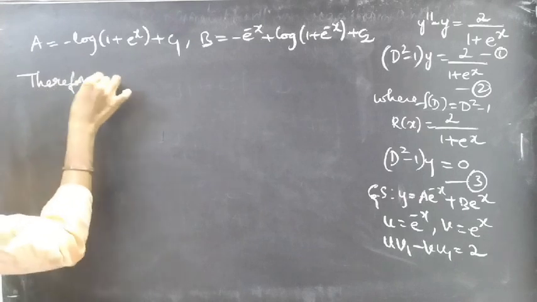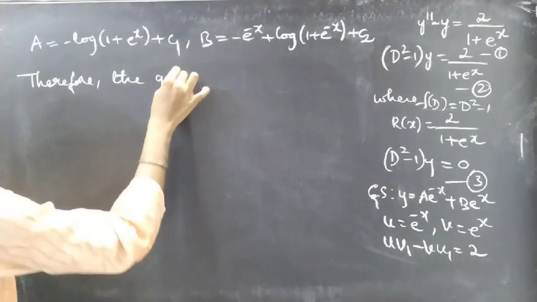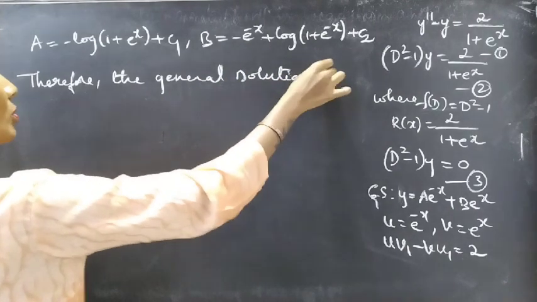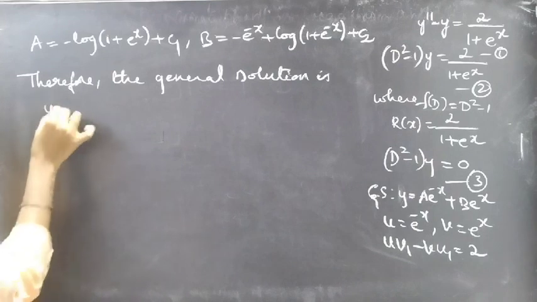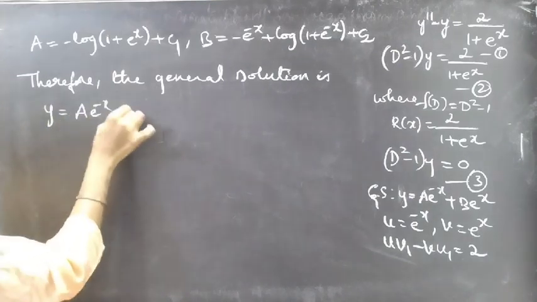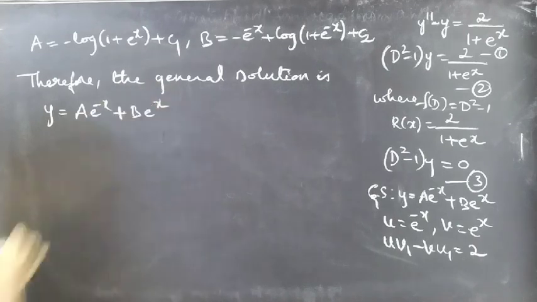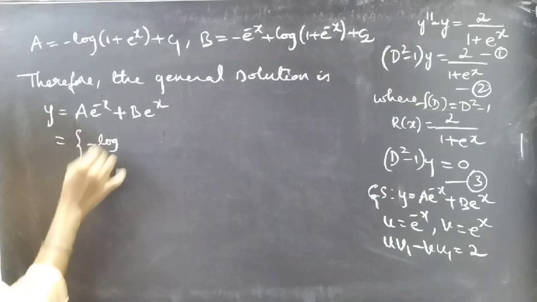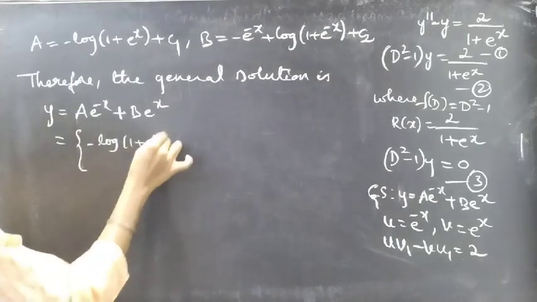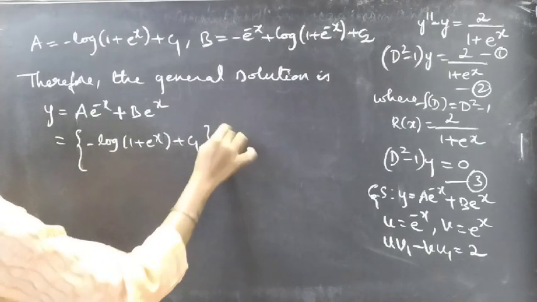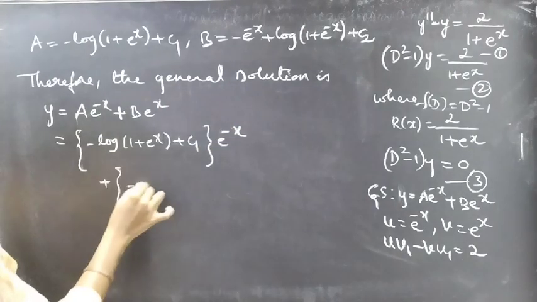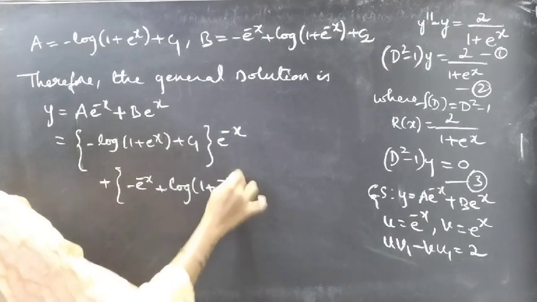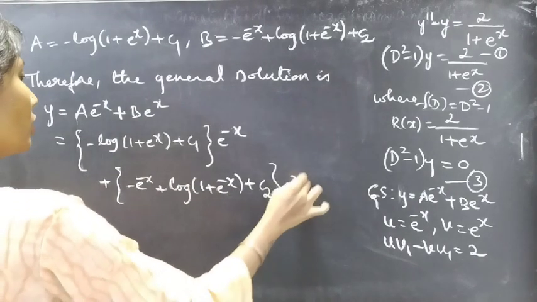Therefore, the general solution is given by y equals a e power minus x plus b e power x, which equals minus log of 1 plus e power x plus c1, into e power minus x, plus minus e power minus x plus log of 1 plus e power minus x plus c2, into e power x.